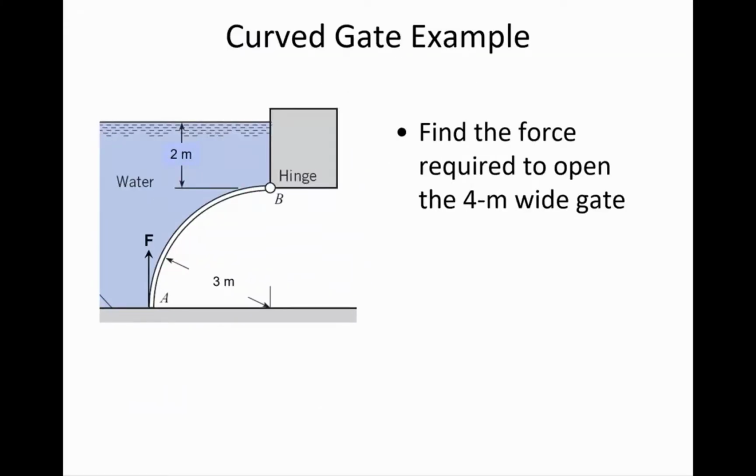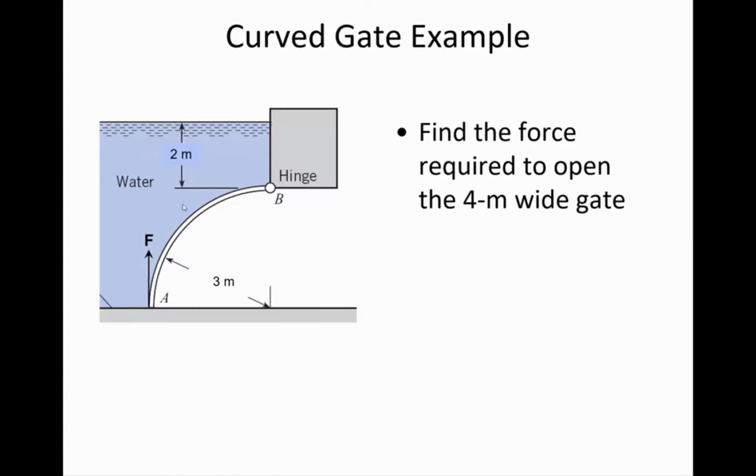A curved gate. This time, instead of being concave, it's convex. So the gate is curving inward into the fluid in this case. And so what this is asking is, how big does F need to be in order to open the gate? Think about what forces right now are keeping the gate closed.